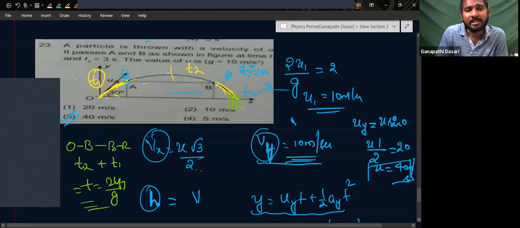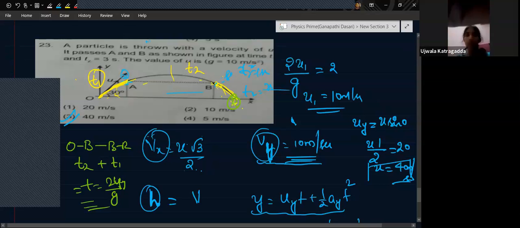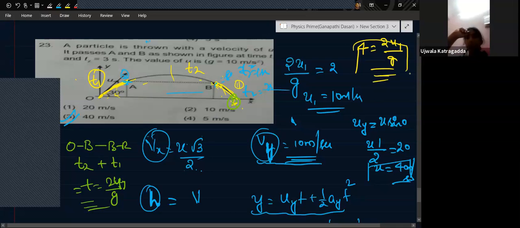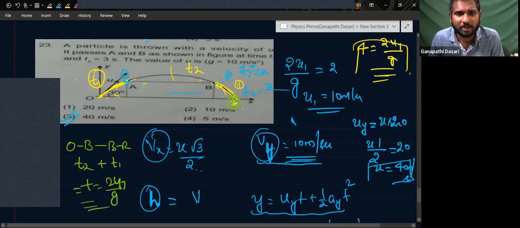The same time will be taken from B to R, so B to R is 1 second. O to B is 3 seconds, so 3 plus 1 is 4 seconds. That 4 seconds is equal to 2u by g, the time of flight. Then you can solve whatever questions are asked.